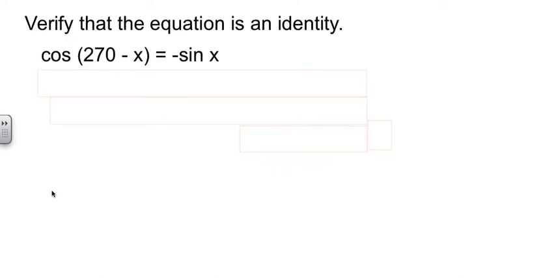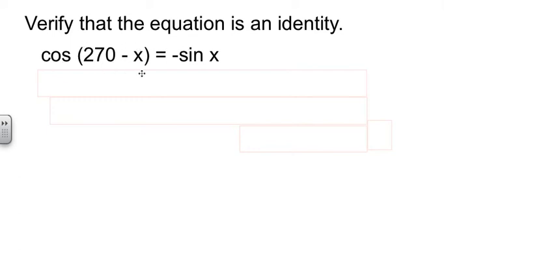Now the last kind of problem we're going to work out here is we're going to verify that something is an identity. Now remember we said an identity is a statement involving trig that is always true. So our job is to figure out, is this always true? It's actually to prove that it's always true.